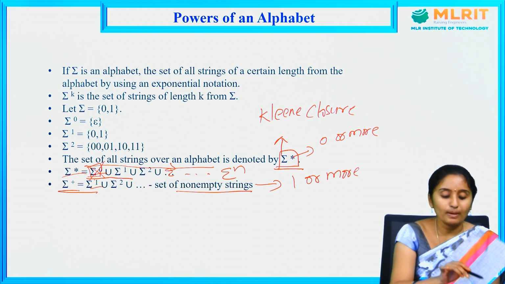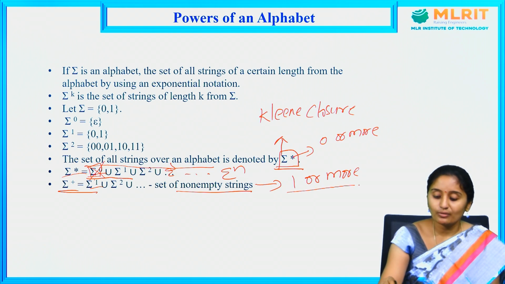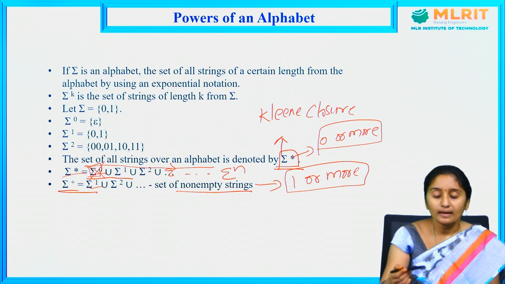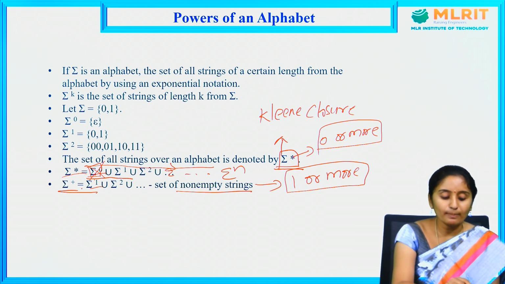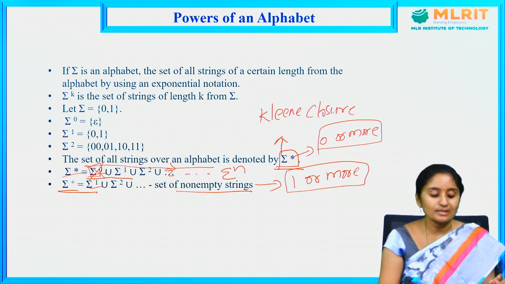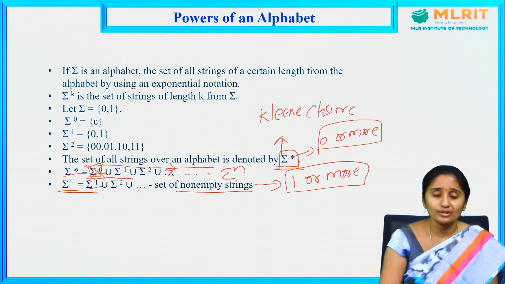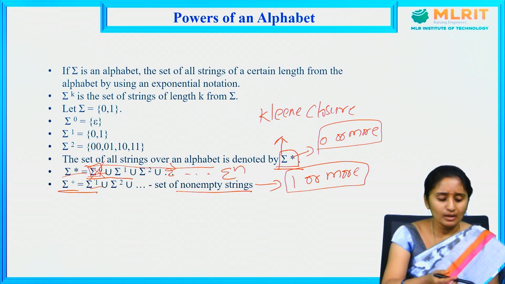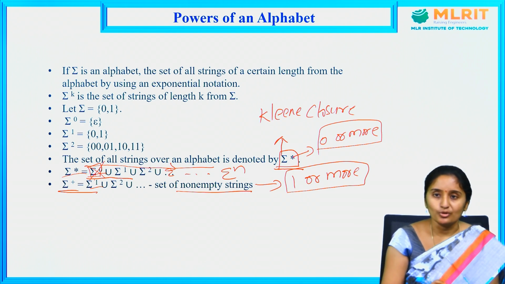That is why we say one or more occurrences, whereas for star we say 0 or more occurrences. Sigma star we call the Kleene closure, and sigma plus we call the positive closure. Plus represents positive and star represents closure.